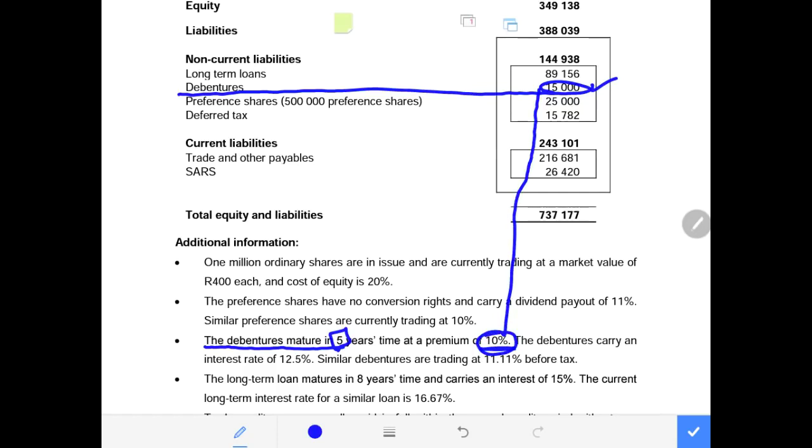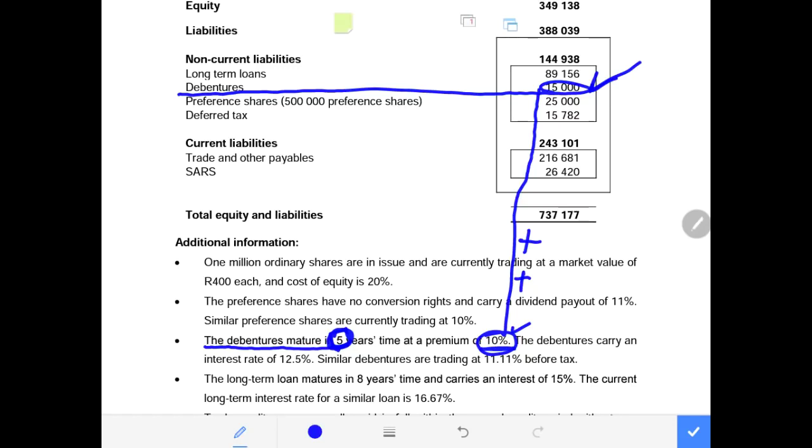The agreed rate is that when these debentures are bought back from the debenture holder, we have to add 10%. So when they are redeemed in the next 5 years, we'll have to give the debenture holder the 15,000 plus the 10%. So that's what a premium is: the capital is given back plus the interest, which in this case is the premium of 10%.